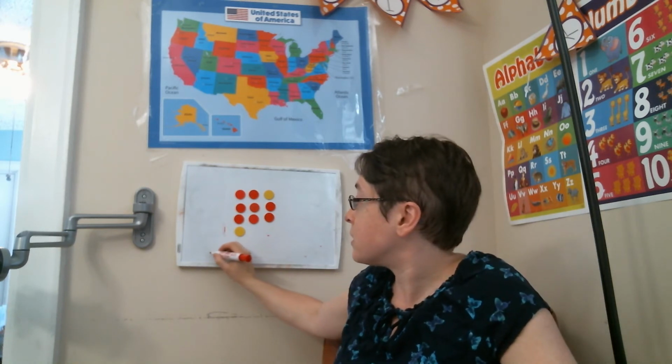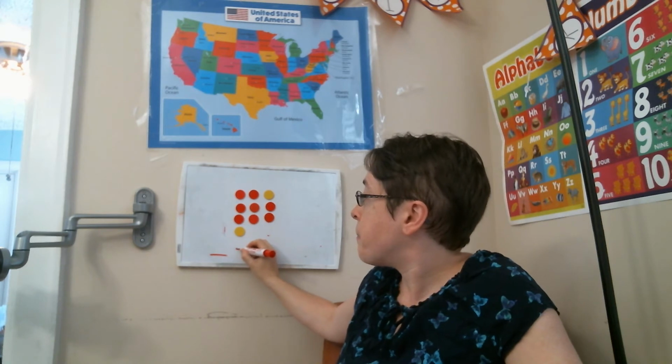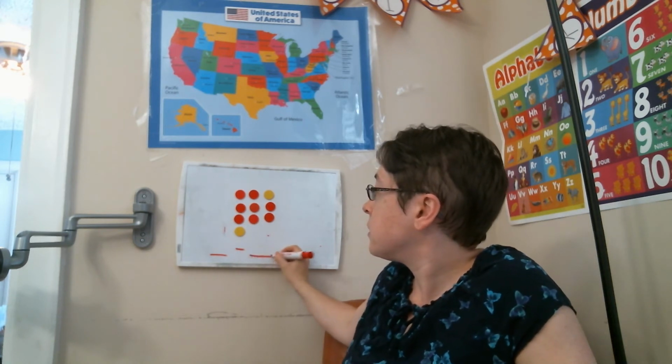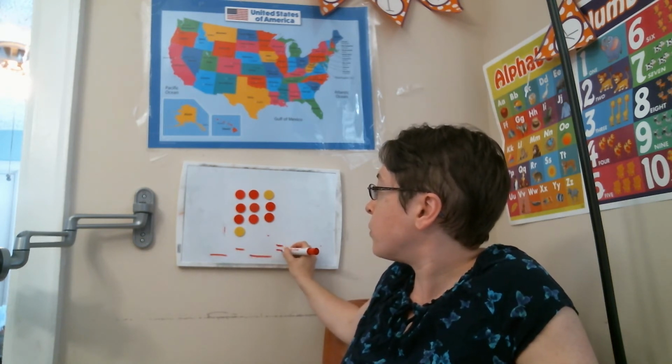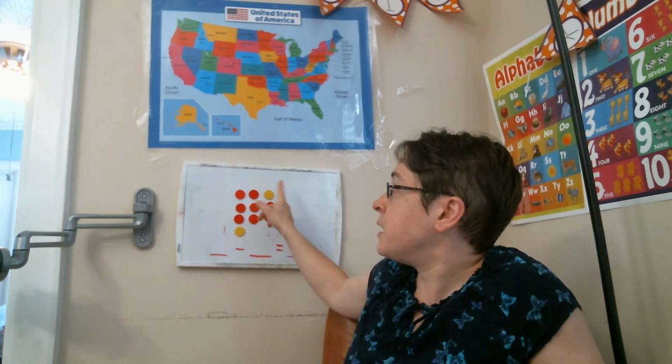So I'm going to tell a story and we are going to make a number sentence. So we have minus equals. We're going to pretend that these are bears.